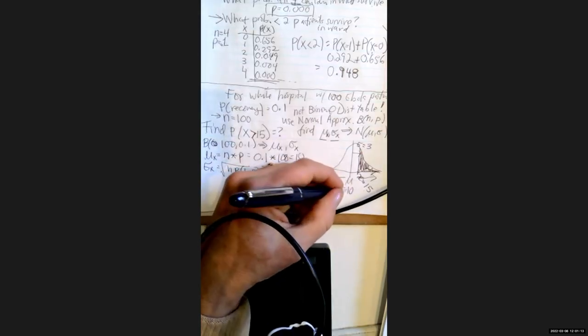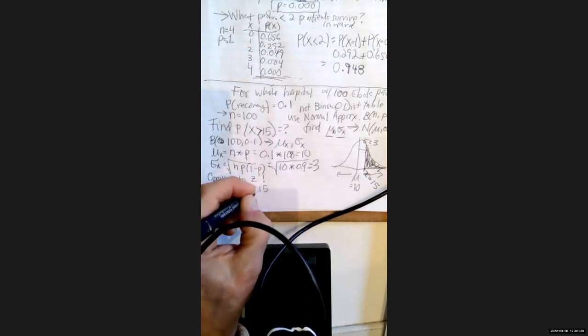All right, so now I want to find the probability using my normal distribution. The way I do that is I'm going to have to convert these data into the standard normal table. The way that I do that is to convert to z. My equation is z equals x minus mu over sigma.